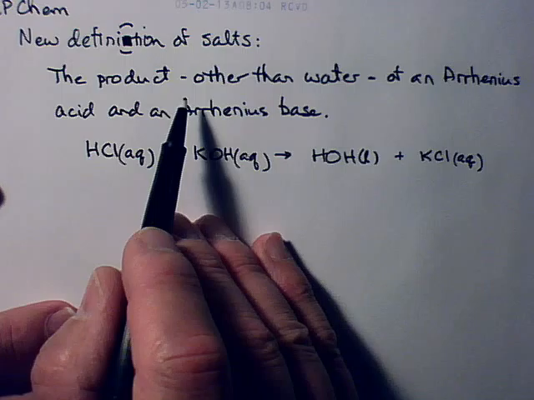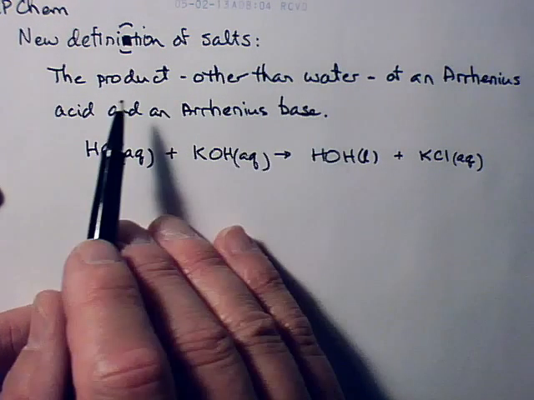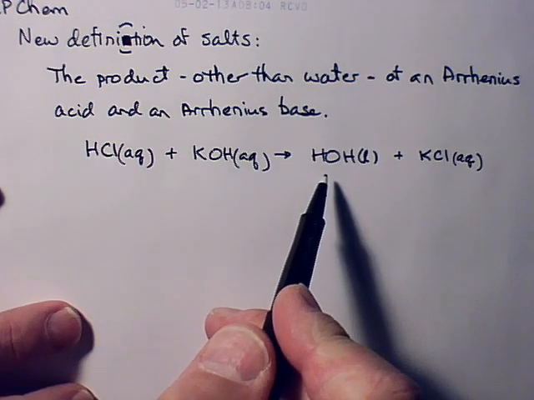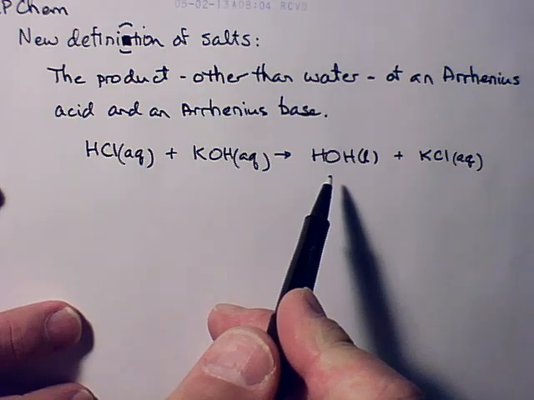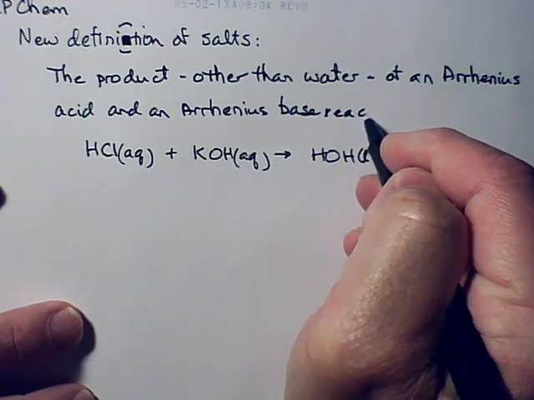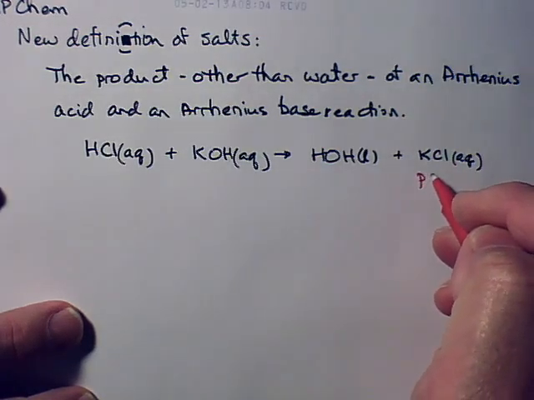All right. So, the product other than water. So we're eliminating water in terms of this definition. Where's water? HOH. So the product other than water of an Arrhenius acid and an Arrhenius base, I should say reaction here. Okay? So what's the salt? Potassium plus chloride. You got it. Okay, so that's not so hard.